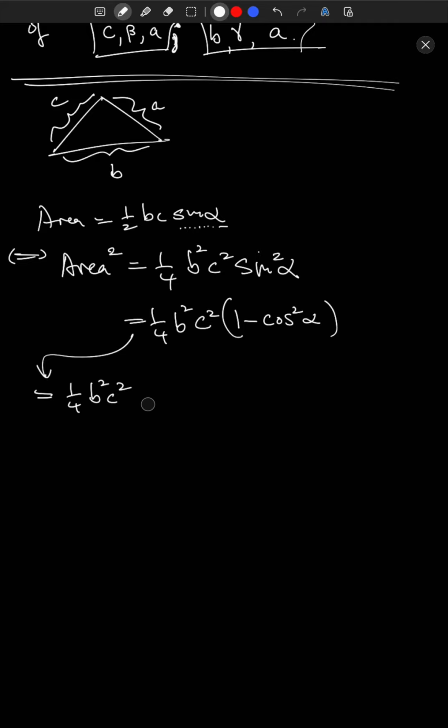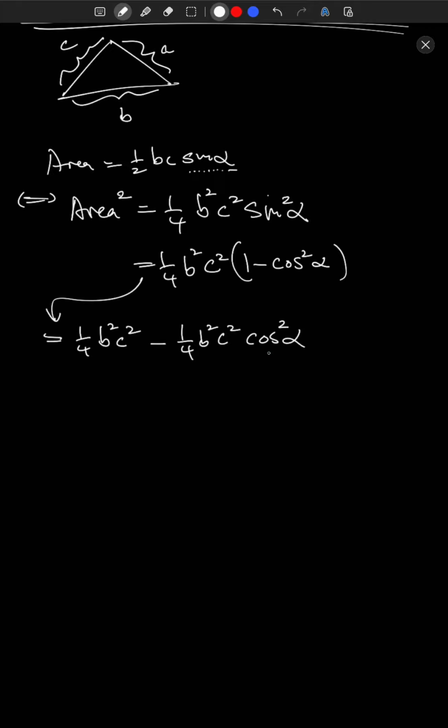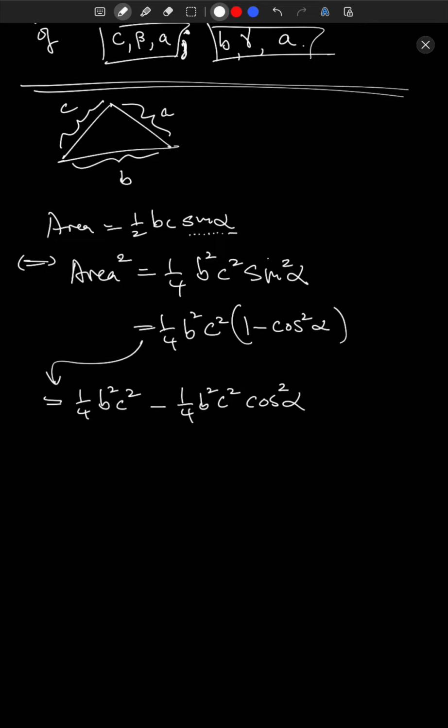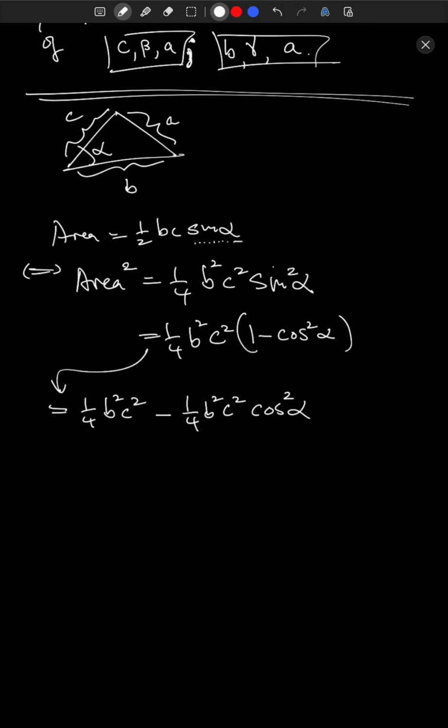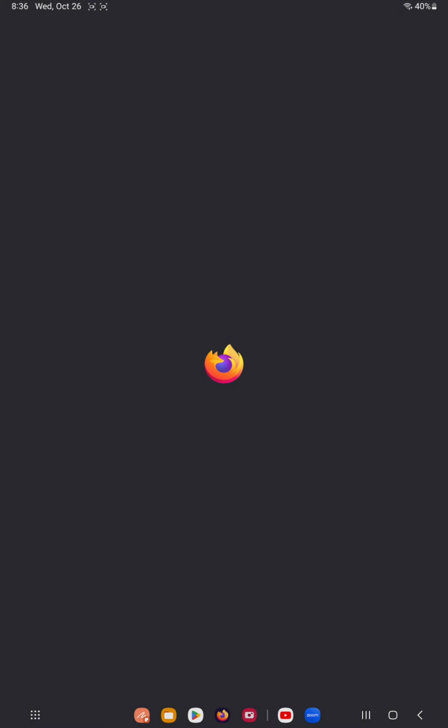Actually, let me distribute that in so I can release it from the parentheses: 1/4 b squared c squared, minus 1/4 b squared c squared cosine squared alpha. And the law of cosines tells me, so I have a picture up here. Here's alpha. The law of cosines that involves alpha tells me, oh no.